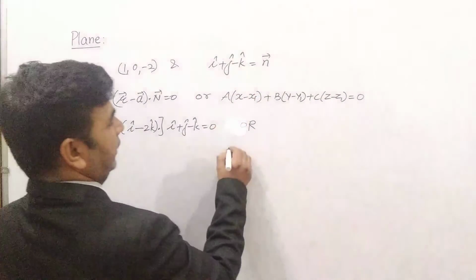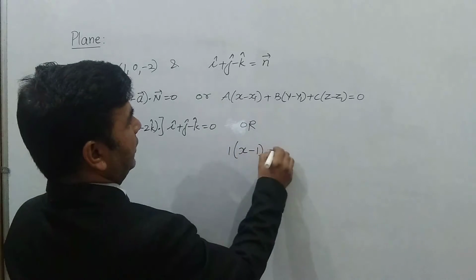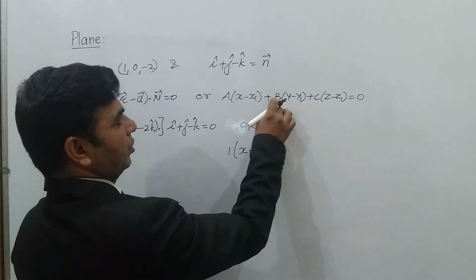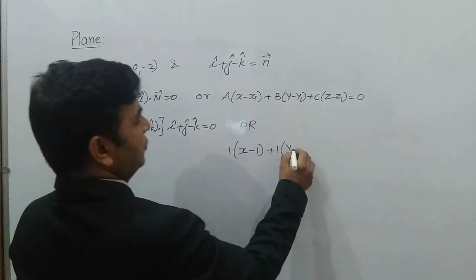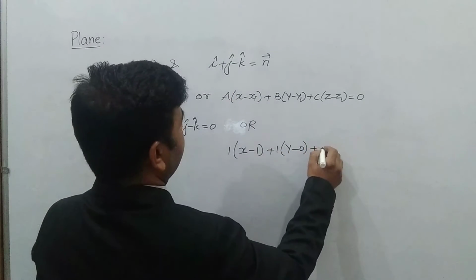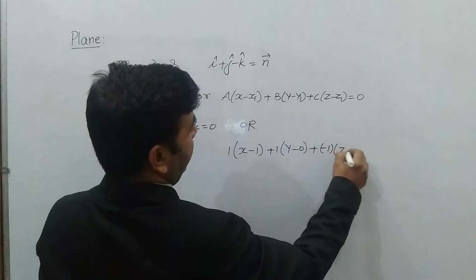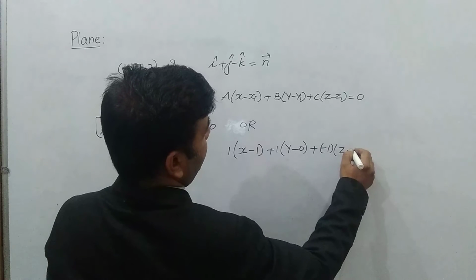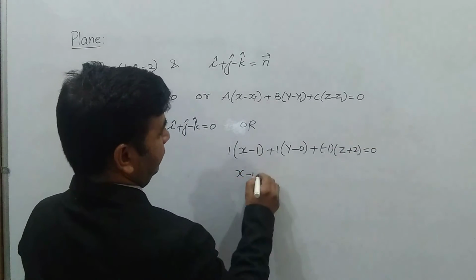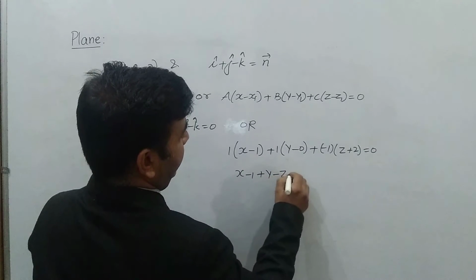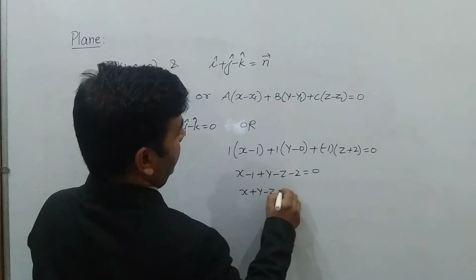So this is written as 1(x - x1) + 1(y - y1), where y1 is 0, plus c, which is -1 here, the coefficient of k, times (z - z1), where z1 is -2, so plus 2, equal to 0. So this can be written as x - 1 + y - z - 2 = 0, or x + y - z = 3.